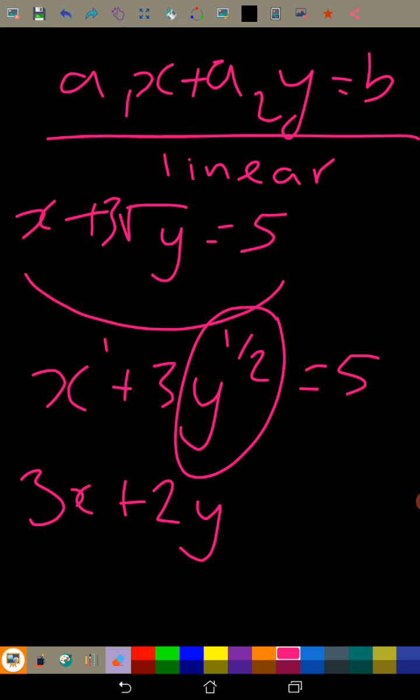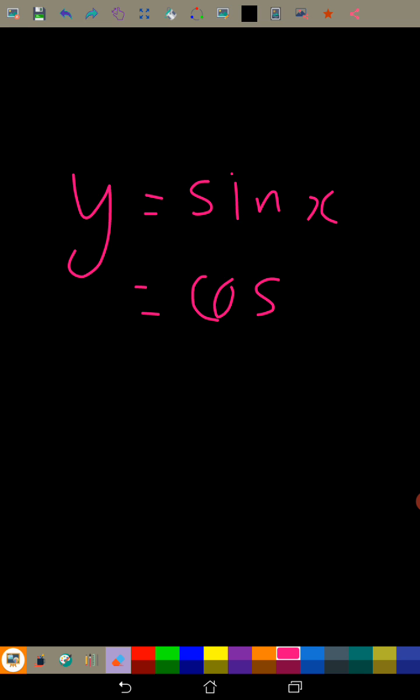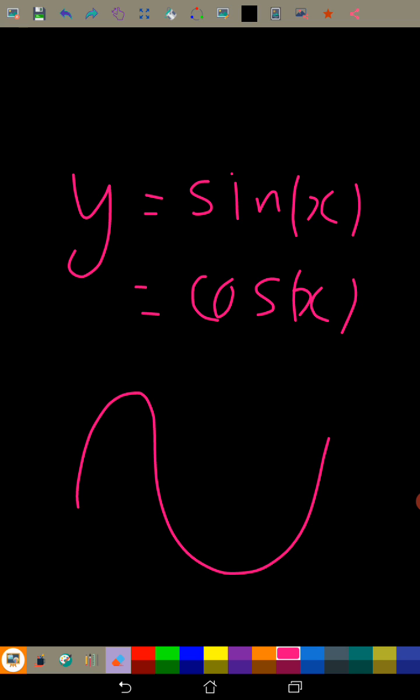And here, minus z plus xz, so we have a product, is equal to 4, for example. This is another non-linear equation. And of course, trigonometric functions, y is equal to sine x or cosine x, are not linear. They are curves and so on.